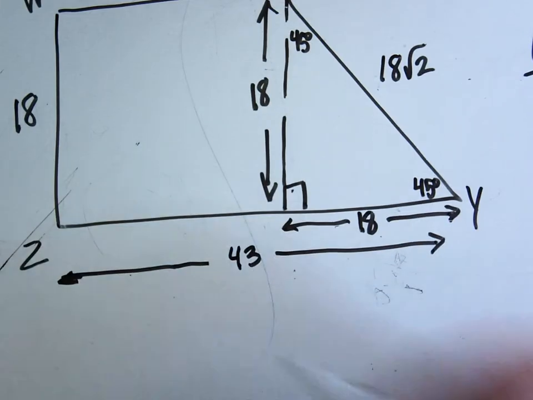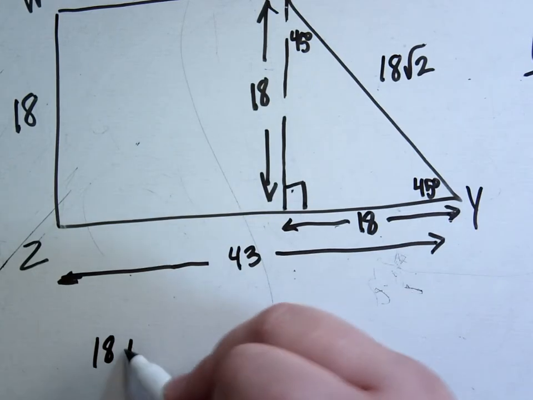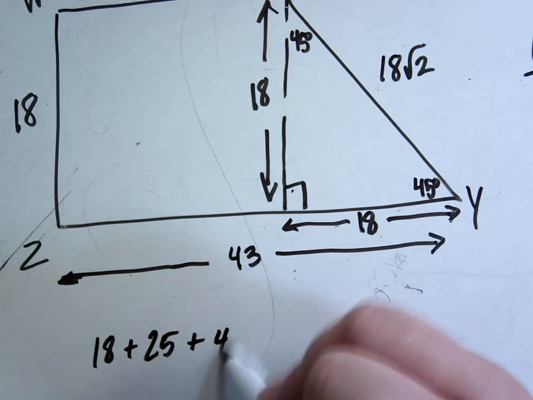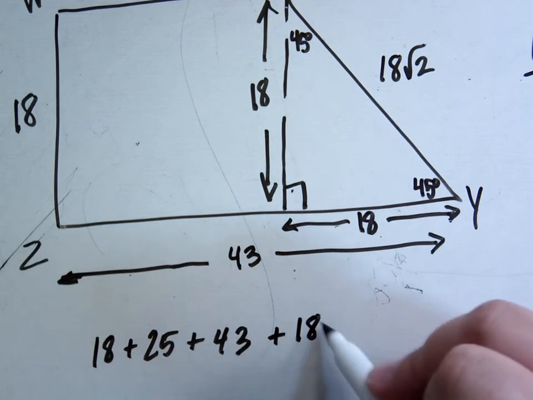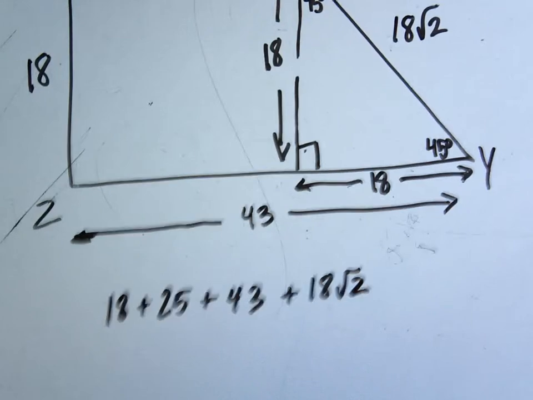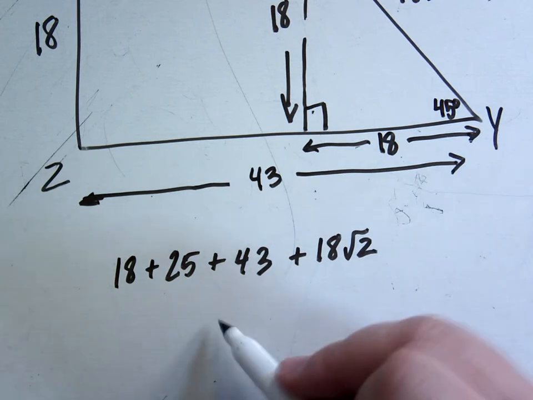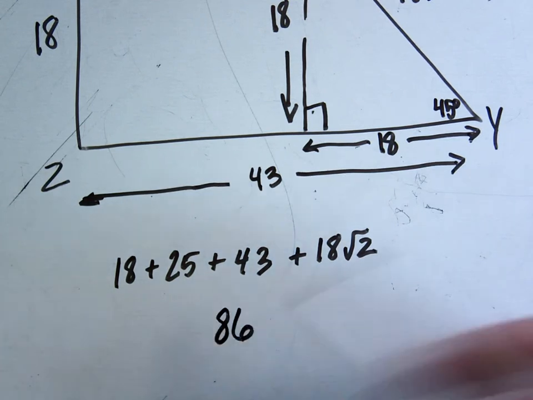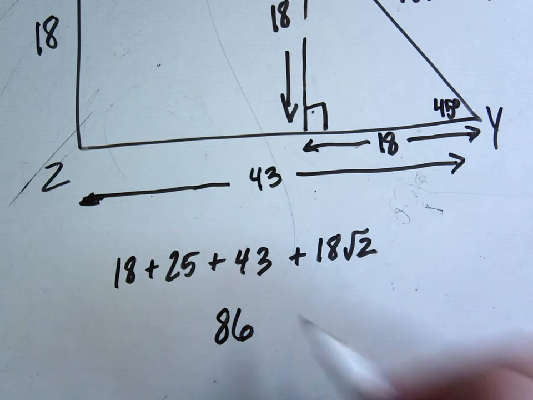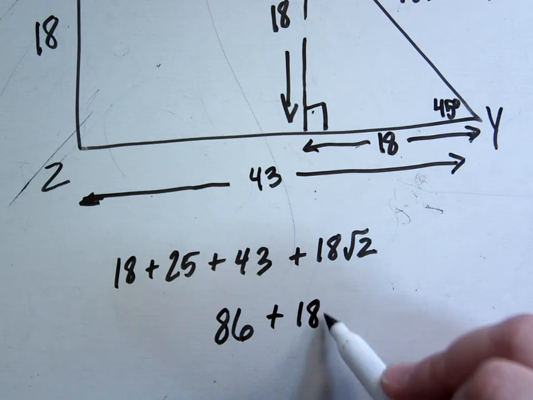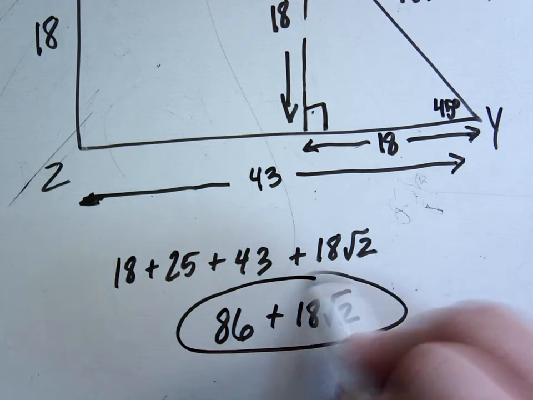So I have 18 plus 25 plus 43 plus 18 root 2. 18 plus 25 plus 43 is, I believe, 86. And then 18 root 2, nothing happens to. So that is my answer.